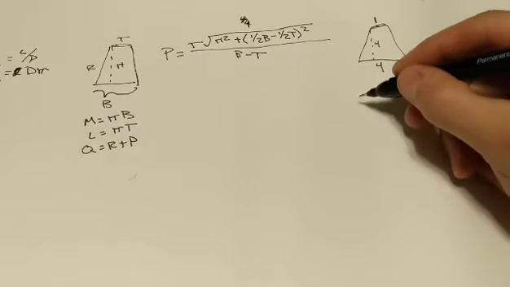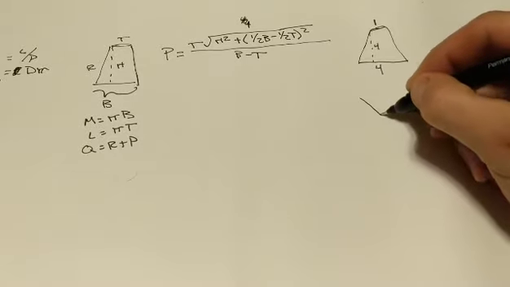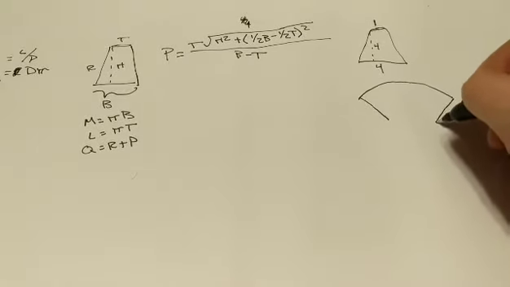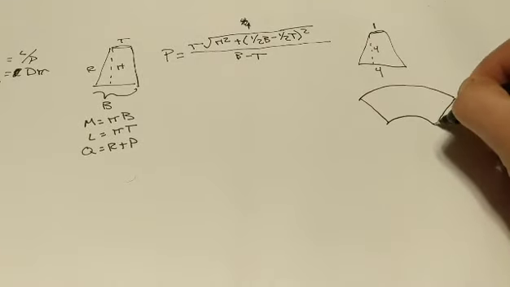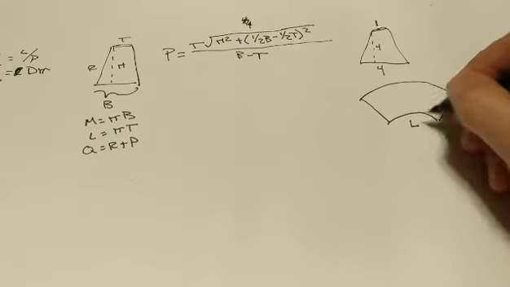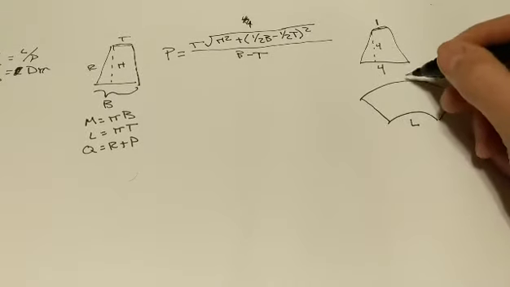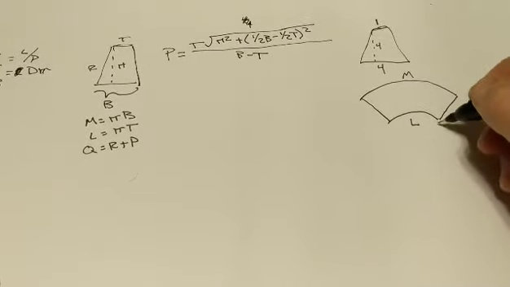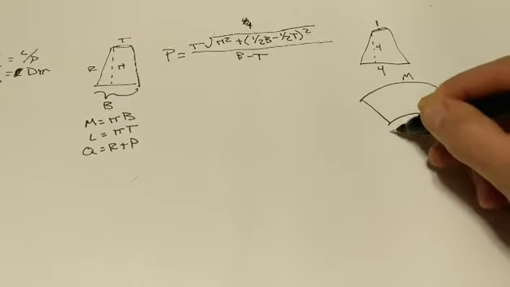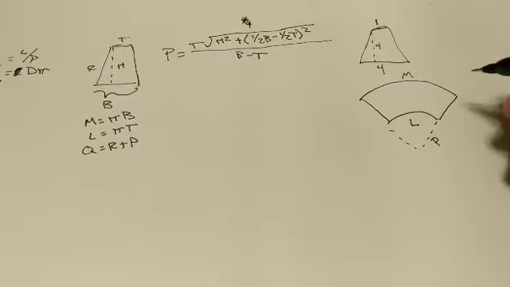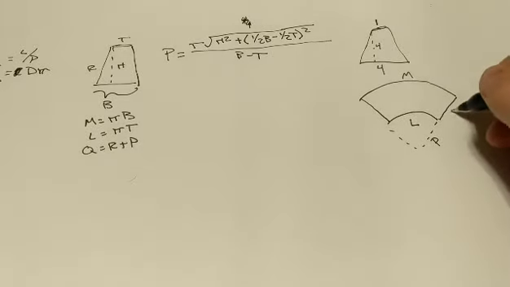Remember, we are trying to make a template that's going to look something like this, with L being the value of the bottom arc, M being the value of the top arc, and what P actually is, this value here, and R is this value.